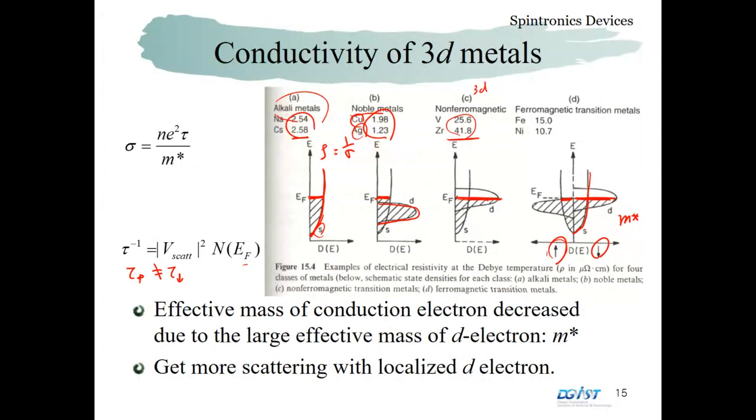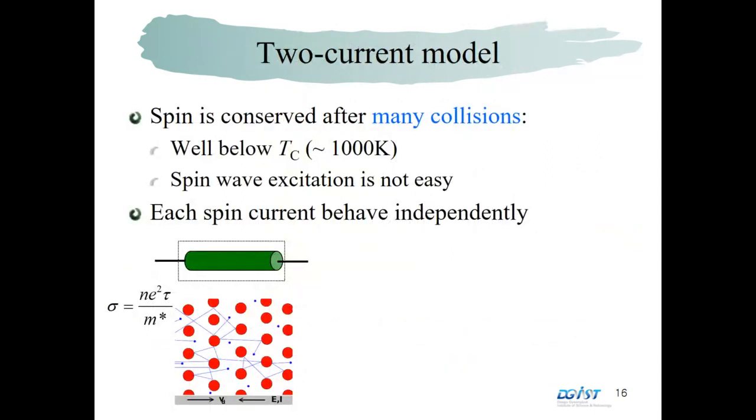So that means the conductivity of the spin up and spin down cannot be the same. This is a very important concept in ferromagnetic materials. Okay, so let me introduce the two current model.